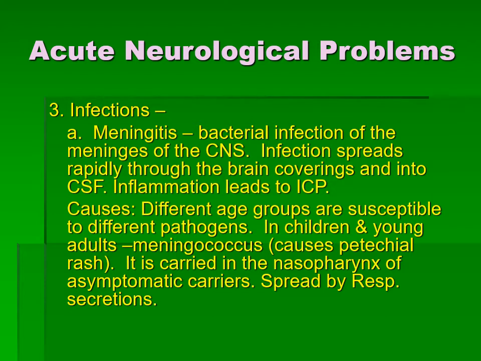But this particular bacteria is carried in the nasopharynx of asymptomatic carriers. So it's one of the normal flora in the respiratory tract, and it's spread by respiratory infections to areas where it isn't supposed to be. So if it gets into the cerebral spinal fluid, gets in the meninges, there's no protection against it.